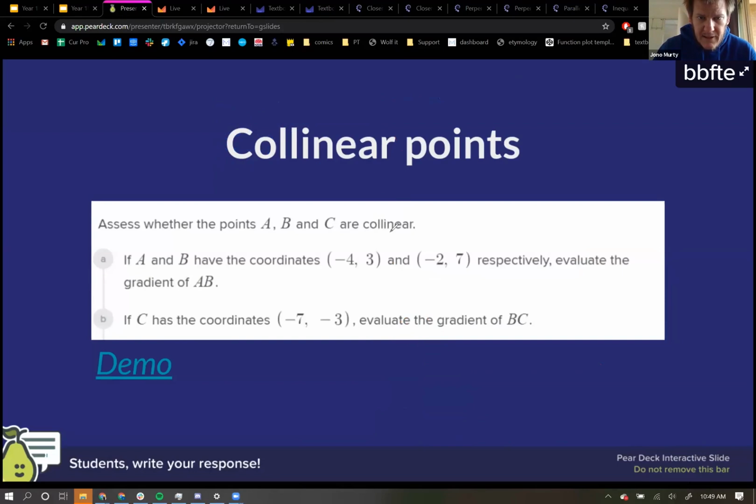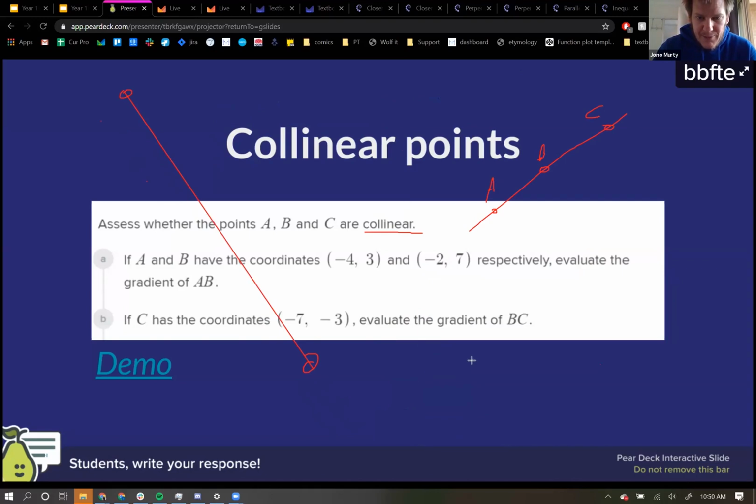So collinear just means they all lie on the same straight line. Obviously, for any 2 points, they always lie on a straight line. Doesn't matter where my 2 points are, I can draw a straight line between them. If I cheat, I can definitely draw a straight line between them.